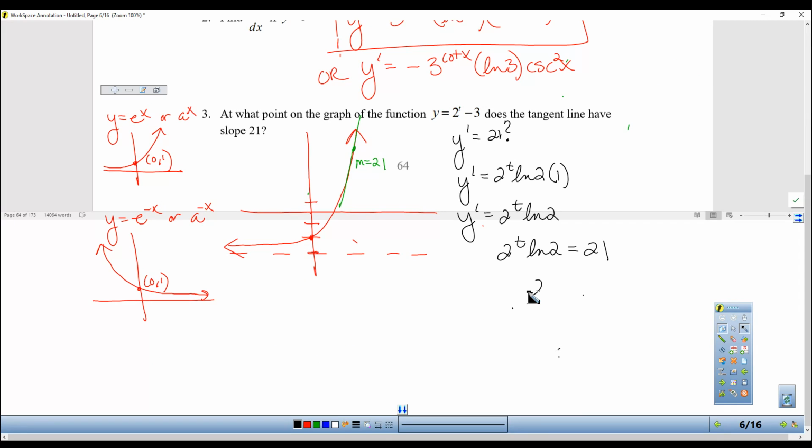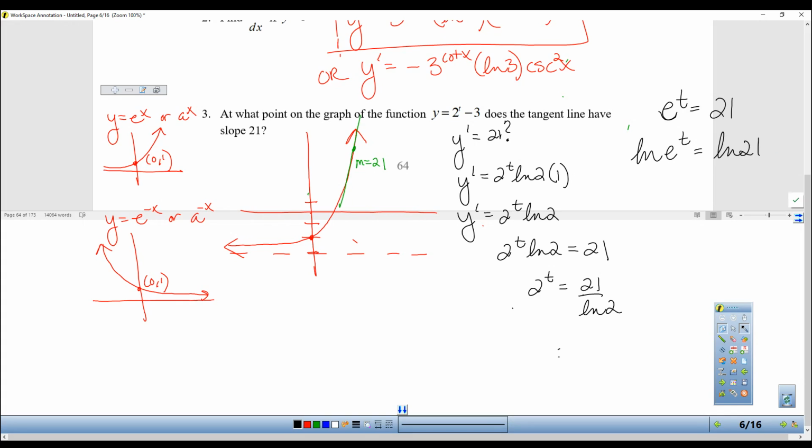So my first step is I'm going to divide both sides by the natural log of 2. And does anybody remember, this is one thing we did not review at the beginning of the hour, how to get rid of this? I know if it was e to the t is equal to something, you would take the ln of both sides.